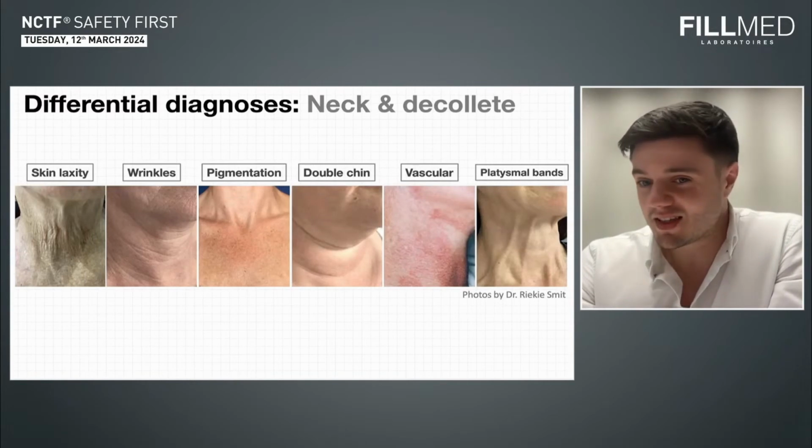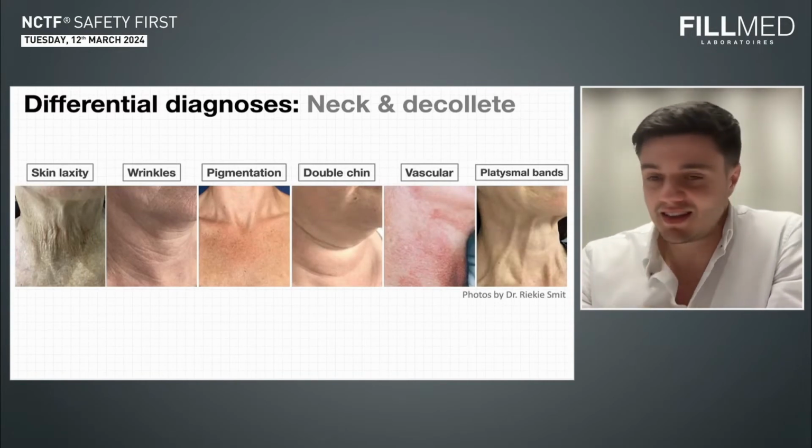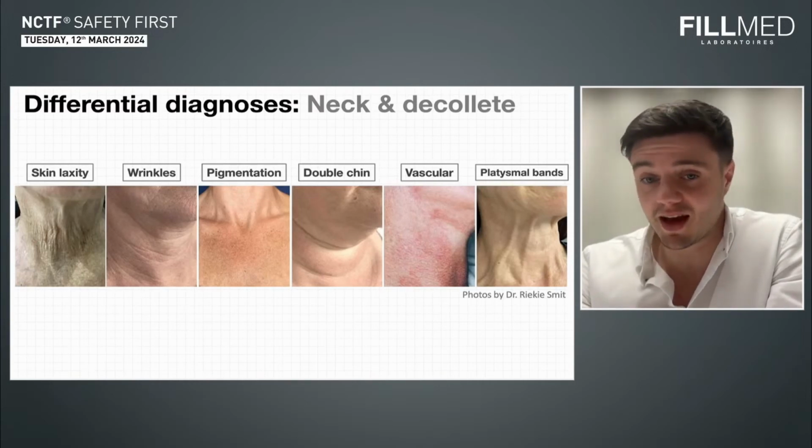So this is why education is key, because skin laxity, of course, needs a completely different treatment approach than platysmal bands, when platysmal bands are obviously caused by the underlying platysmal muscle, and skin laxity is actually being caused by the skin itself.